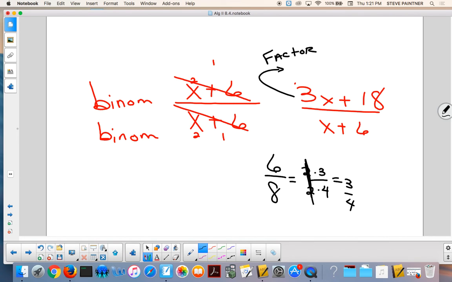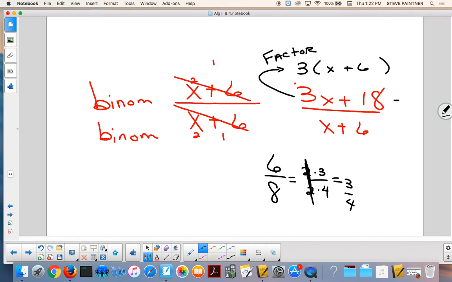Guys, factor that top for me. What would you get? About 3 times x. What's the GCF on top? 3. They have 3 in common. Take out a 3 times what? X plus 6. Yes.